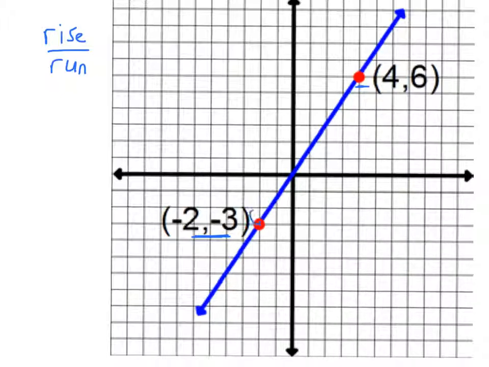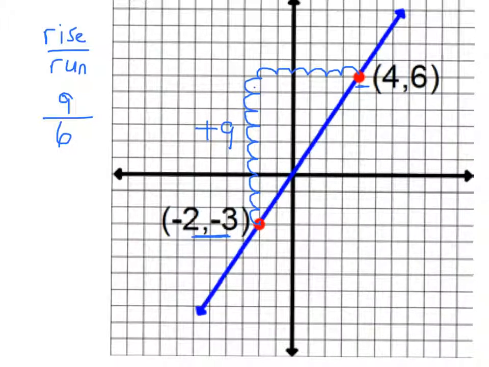So I'm going to rise 1, 2, 3, 4, 5, 6, 7, 8, 9. So that's rising of 9. So I'd put plus 9. And then I'm going to go to the right, and I'm going to go 1, 2, 3, 4, 5, 6. So rise over run is 9 over 6. All right, so that's that point.